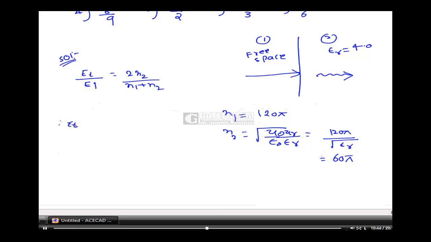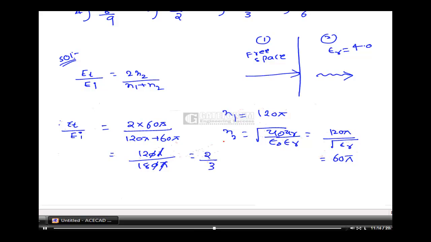Therefore, Et by Ei is equal to 2 into 60 pi divided by 120 pi plus 60 pi. That is 120 pi by 180 pi. So what is this? Pi cancels out, the zeros cancel out, 6 twos are 12, 6 threes are 18, so it is 2 by 3. Et by Ei is equal to 2 by 3.